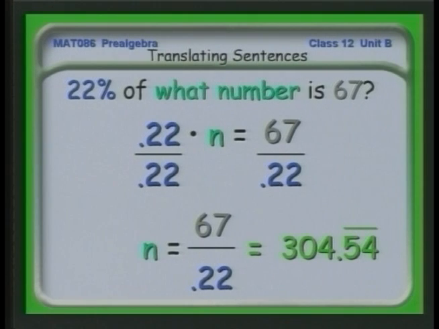When I work this out with my calculator, I find that n is equal to 304.5454545454. I can express it this way, or I could round it off if I'm going to use it in some further calculation.